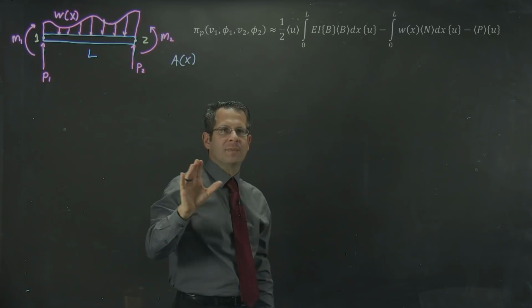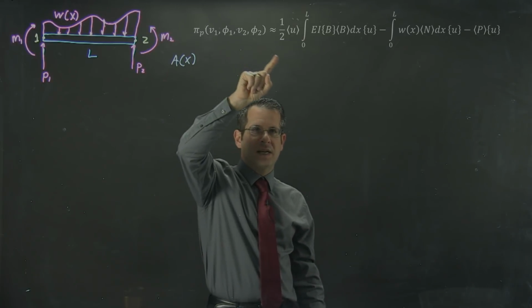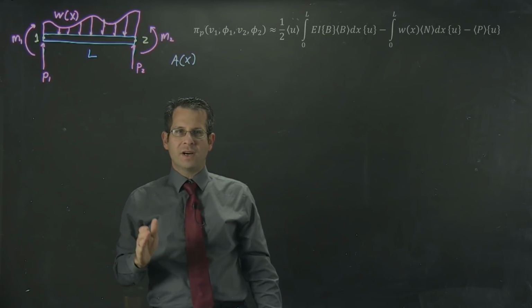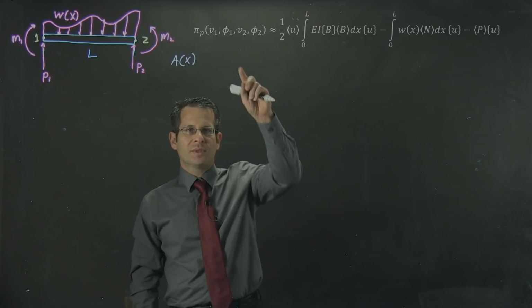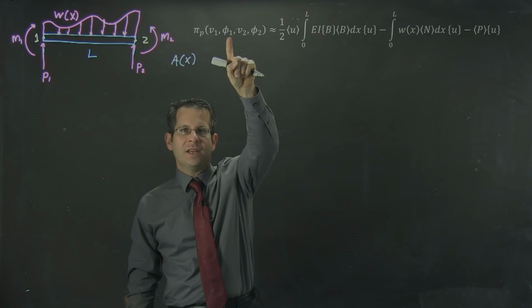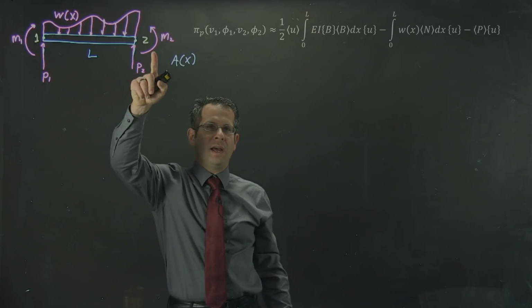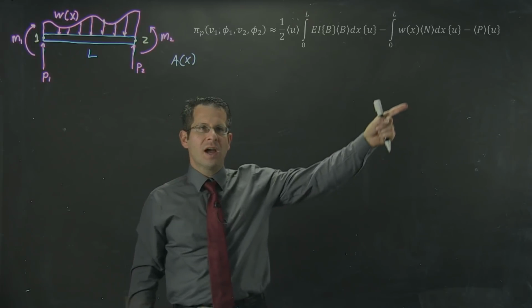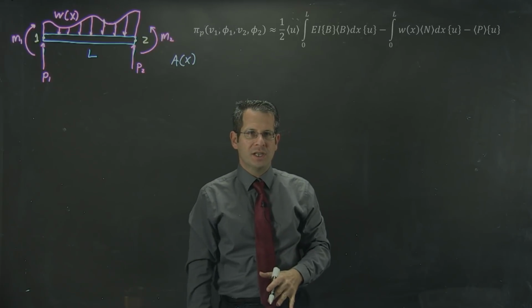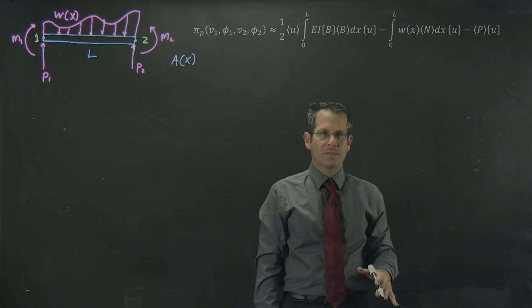We approximated the total potential energy, instead of being in terms of v and phi as functions of x, in terms of the individual values of v and phi at nodes 1 and 2. And we derived this expression for the total potential energy stored in our beam.